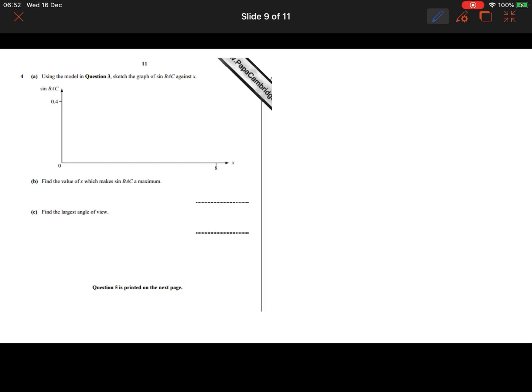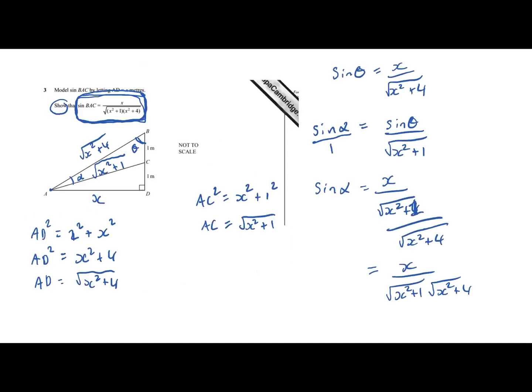And then x squared plus 4. Okay. And we can see that it's looking something like this, if you use your graphic calculator carefully.